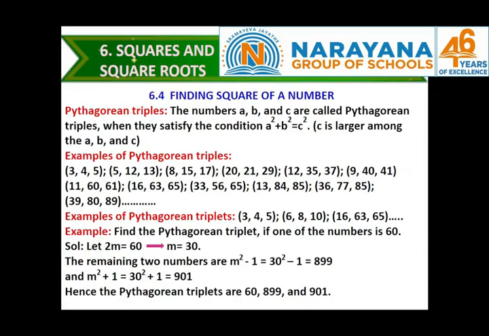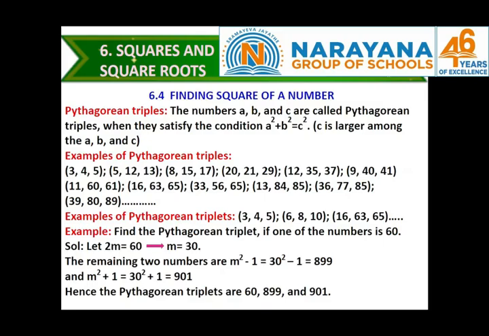Find the Pythagorean triplet if one of the numbers is 60. But it is not possible in Pythagorean triples. In Pythagorean triples, if they give any one number, like 12, we are unable to identify the remaining two numbers. But in Pythagorean triplets, if they give any one number, then we can find the remaining two numbers. See, one of the numbers is 60.